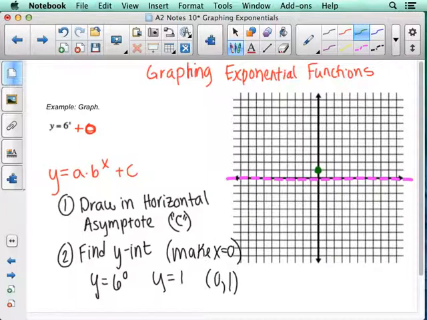Now the next thing you need to do is identify, is it exponential growth or exponential decay? So that's step 3. You know that by your b value, and in this case b is 6. If your b is greater than 1, then it's going to be exponential growth.